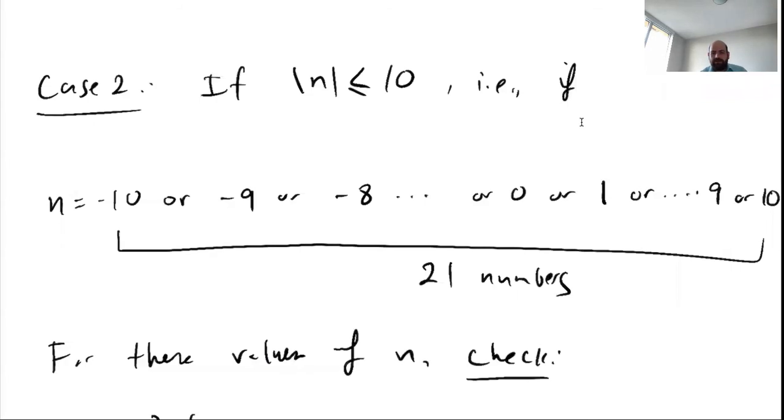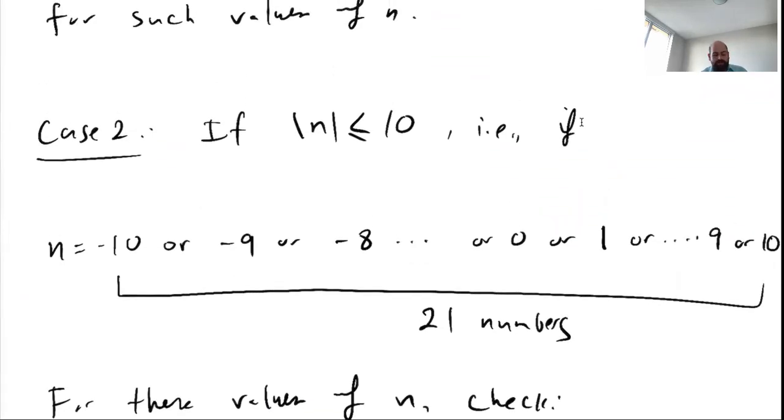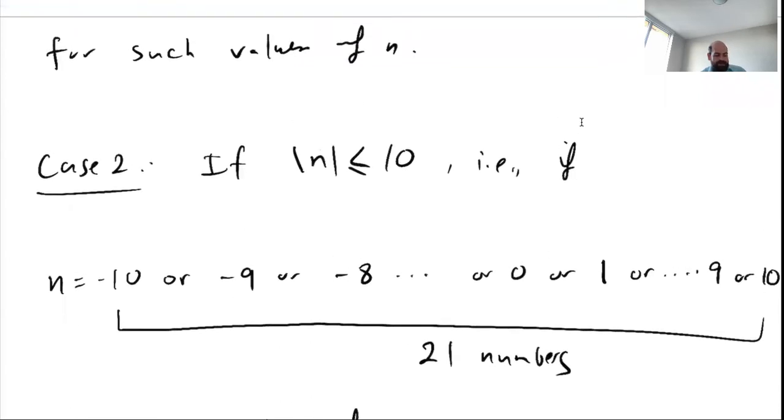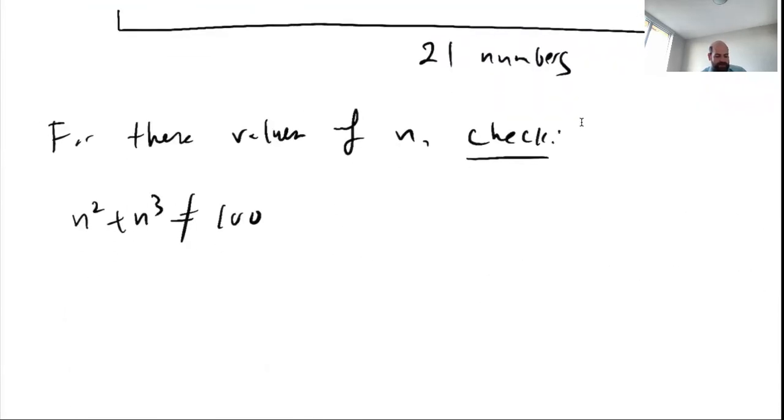For 21 numbers, you have to check one by one that these are not solutions of our equation. For example, if n is minus 10, you can check: 100 plus minus 1000 is minus 900, which is not equal to 100, and so on.